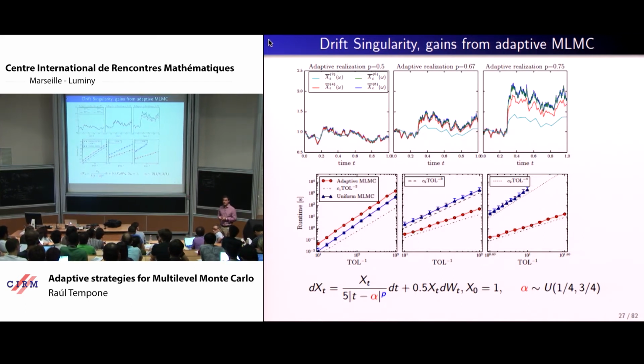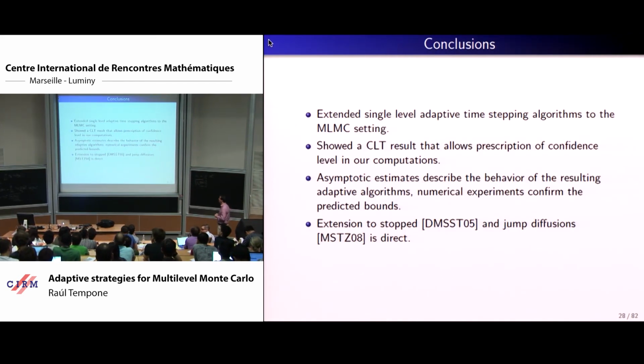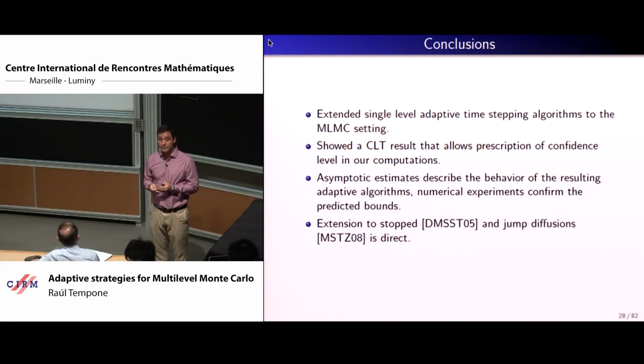I'd like to then summarize what we did on this topic. I hope the idea of adaptivity in this context that I gave you is quite general. You can use it for any problems you want, as long as you have a sound single level analysis.